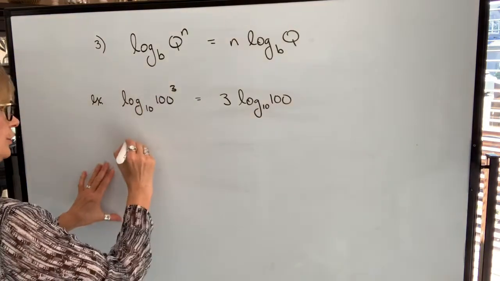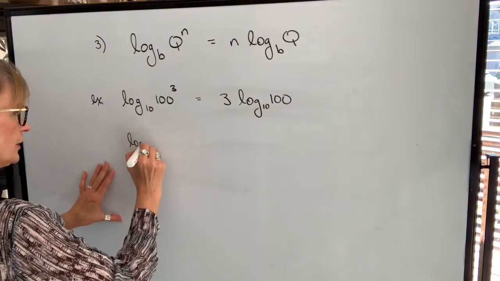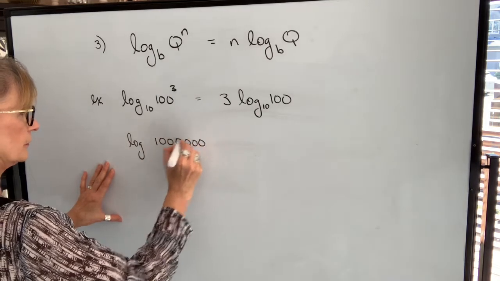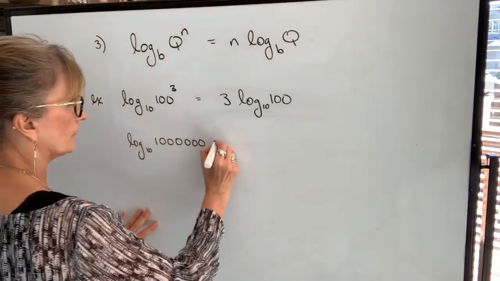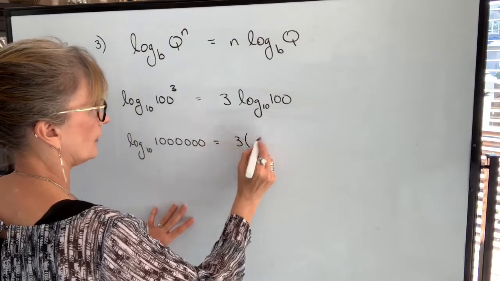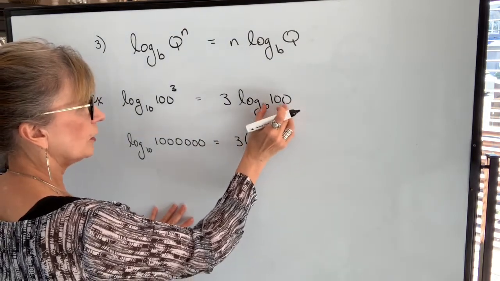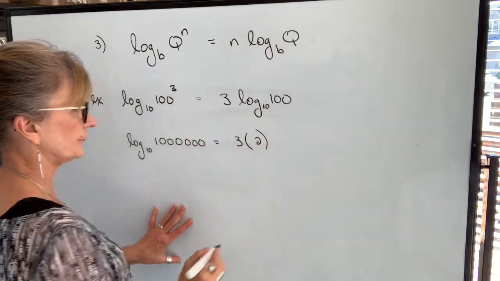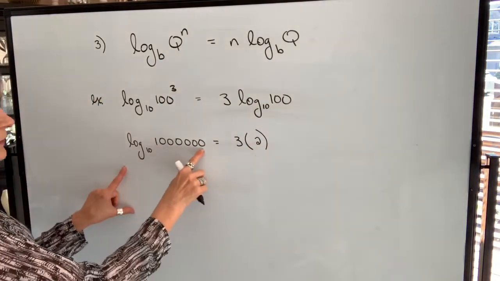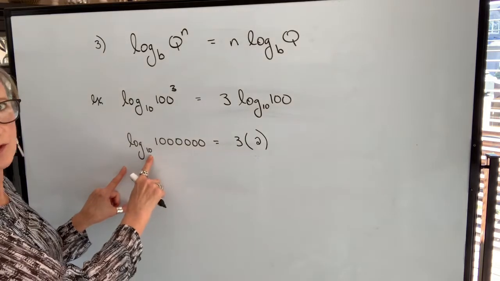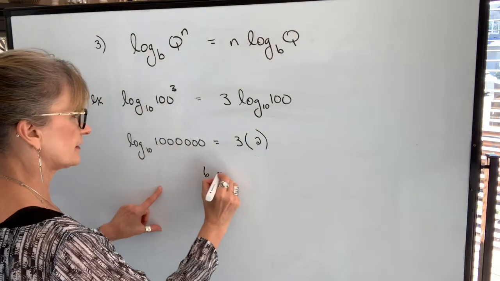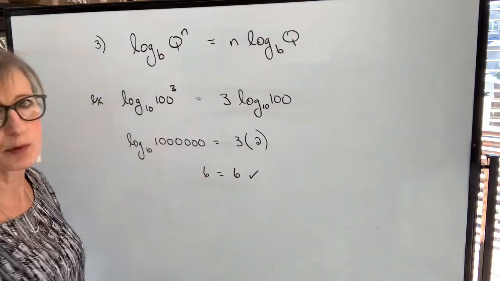So 100 cubed, if we cube 100, we're going to get 1 million. And the log of 100 base 10 we've already discussed is equal to 2. The log of a million base 10, well 10 must be raised to the power of 6 to equal 1 million. So we know that's 6. So we can see that that property is going to work.